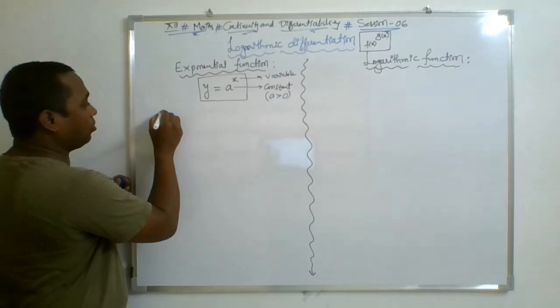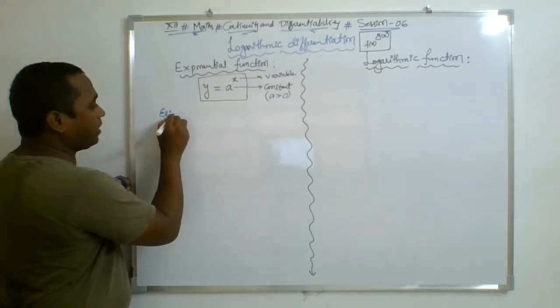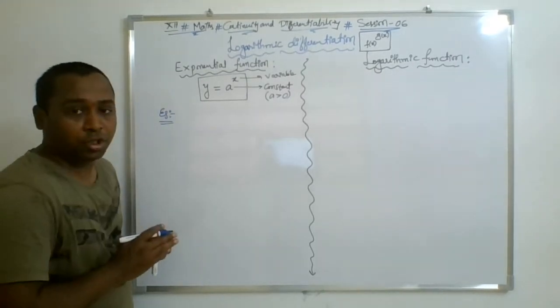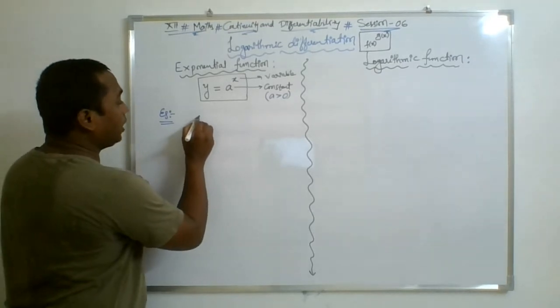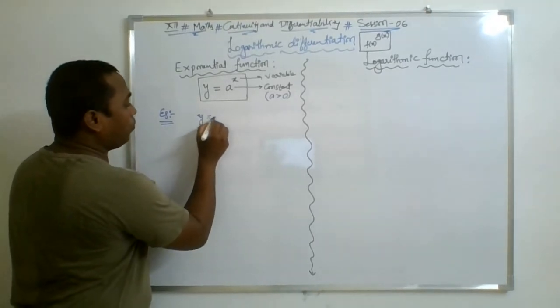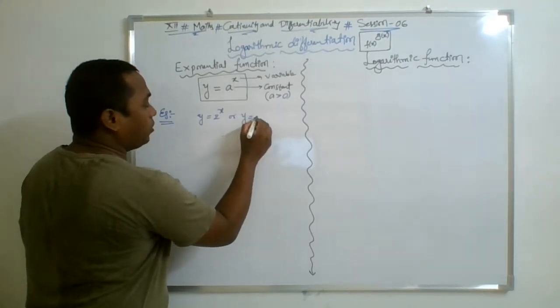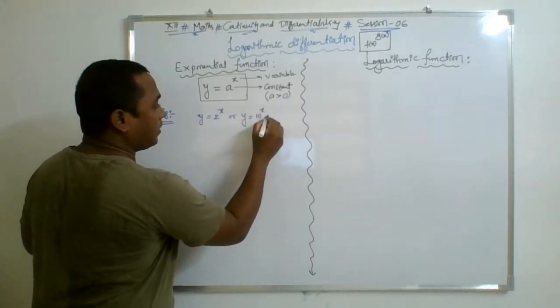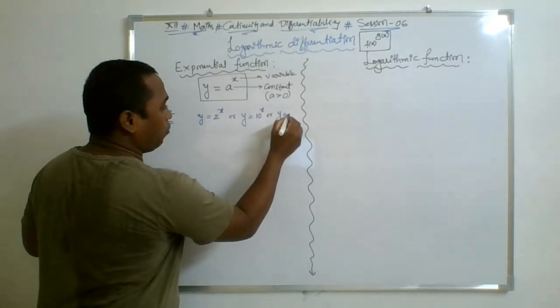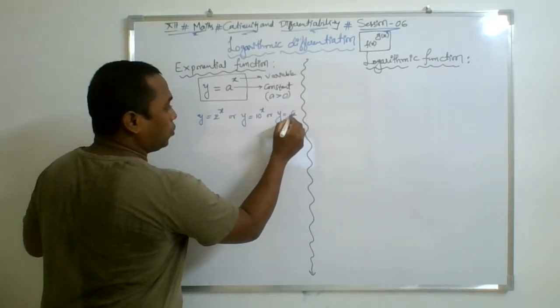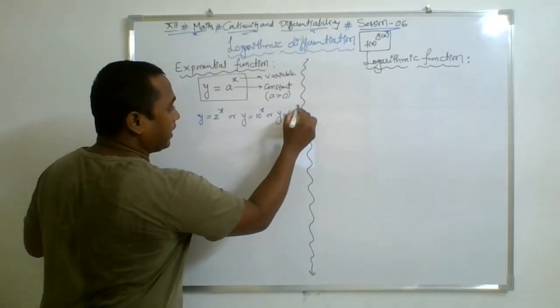Let's have a discussion on that. I am giving three examples of exponential functions here: y equal to 2 to the power of x, y equal to 10 to the power of x, or y equal to root 2 to the power of x.